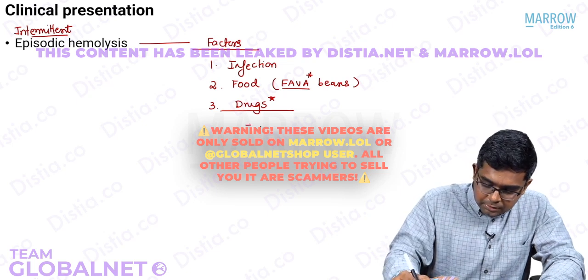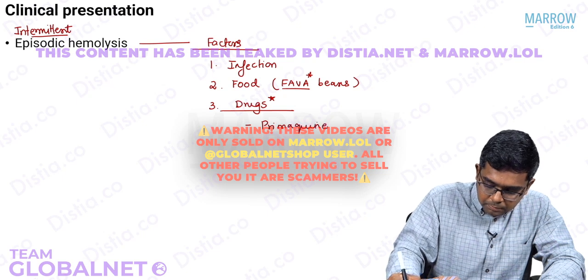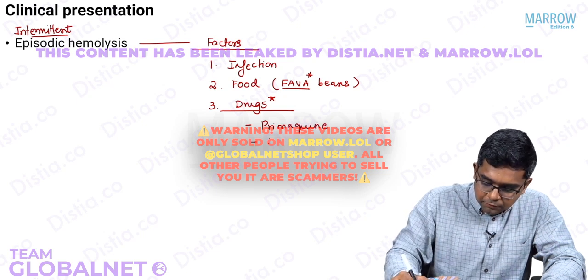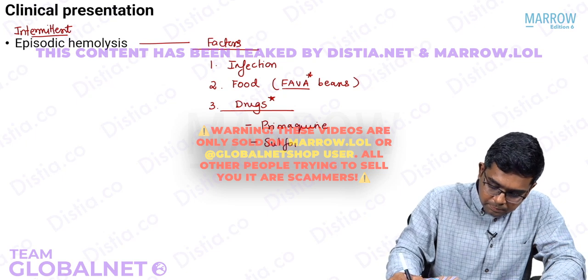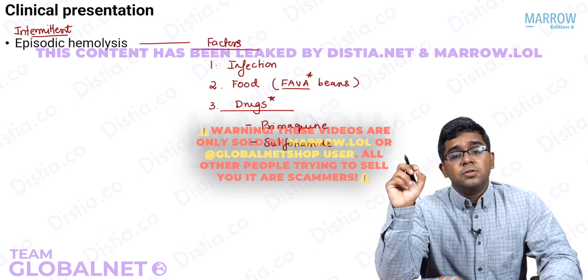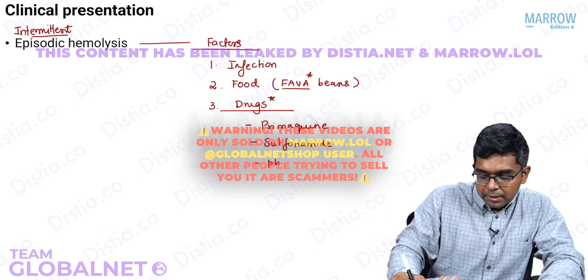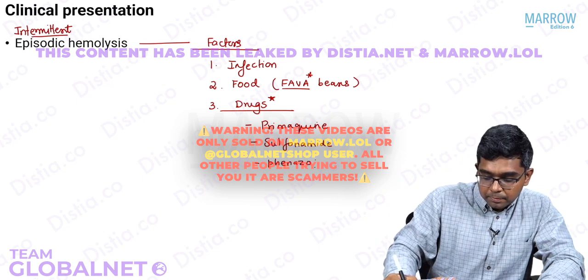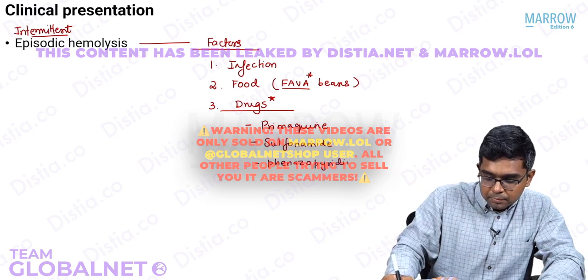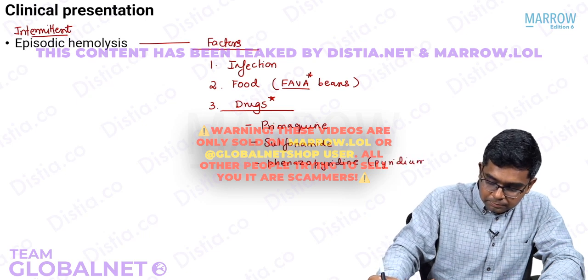Number 1 is primaquine, an anti-malarial agent. Number 2, sulfonamides, especially sulfamethoxazole, a very important group of medication. Third is phenazopyridine, which is otherwise called pyridium, that is also associated.